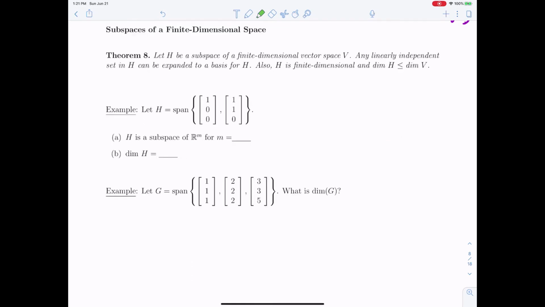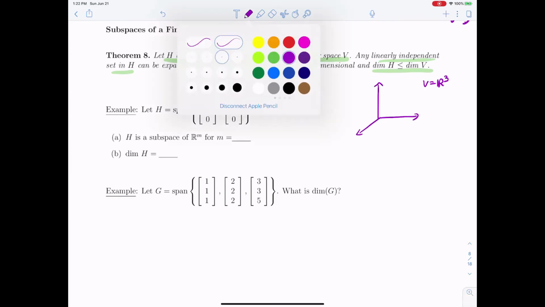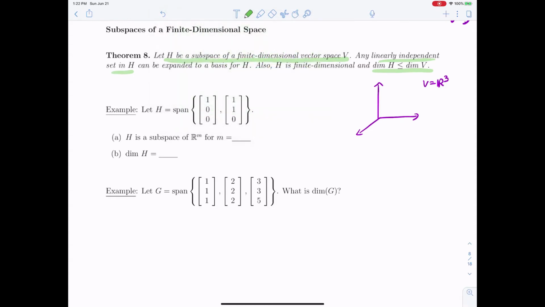Suppose that H is a subspace of a finite dimensional vector space V. Then any linearly independent set in H can be expanded to a basis for H, and as a subspace of V, the dimension of H has to be smaller than or equal to that of V. For example, if you have R3 as the vector space V, and let's say H is a plane that passes through the origin, so something like this.